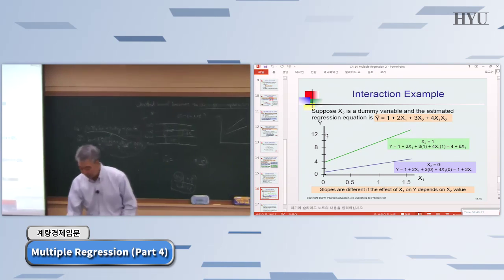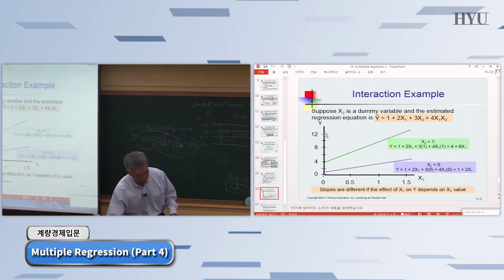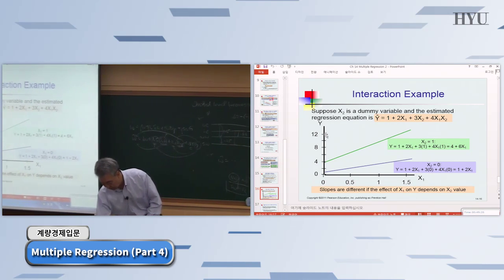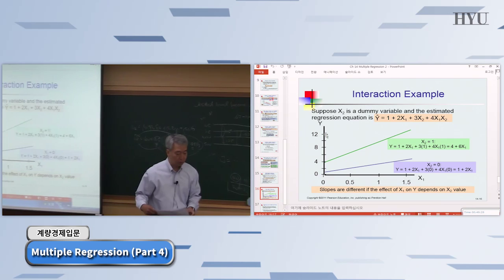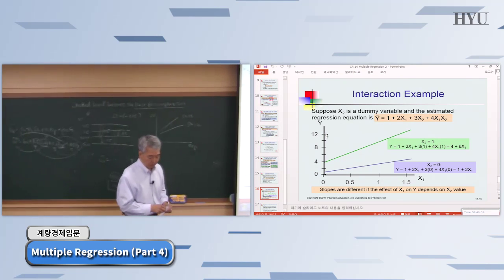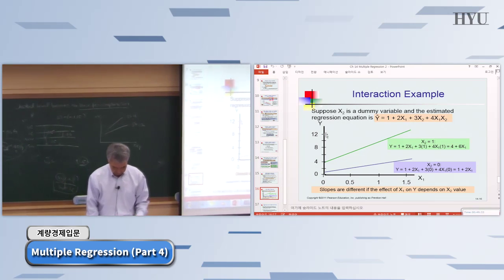In general, though, this was the special case of x2 being a dummy variable, either 1 or 0. But what about the more normal case of x2 being a quantitative variable, like in my case?